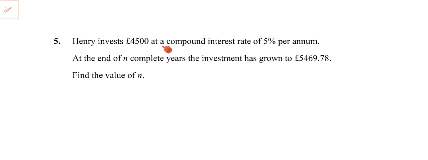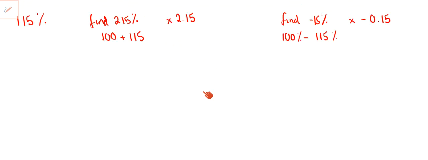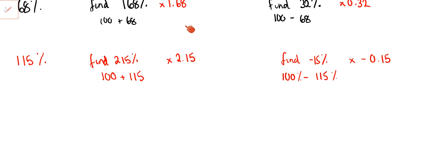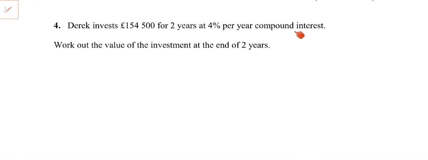Let's do, we've got time. Can you do one more, okay, of compound interest? So we start with 154,500 for 2 years at 4% compound interest, work out the value after. Nice and simple. You want to talk me through it?